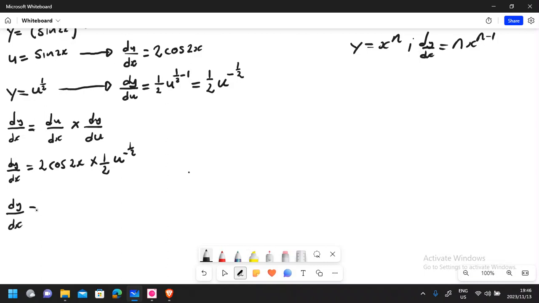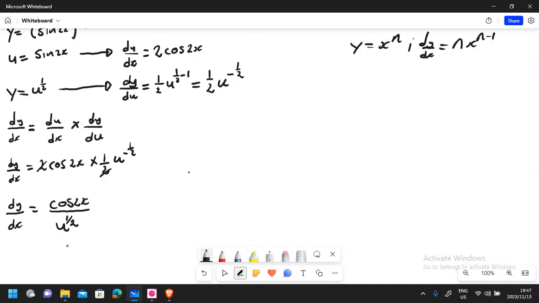This 2 and that 2 are going to divide each other. Remember, it's a multiplication, and on the numerator we're going to be left with cos 2x, right? And then since this u has the negative exponent, if we take the u to the denominator, the exponent there is going to be positive, so it's going to be u to the half.